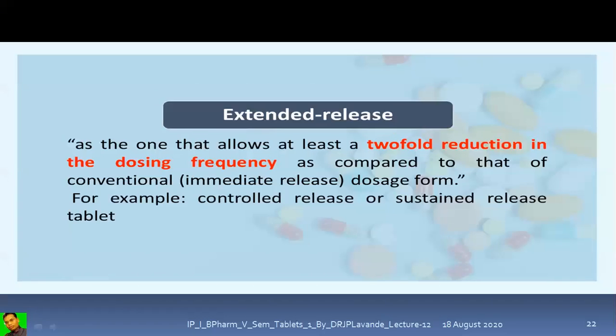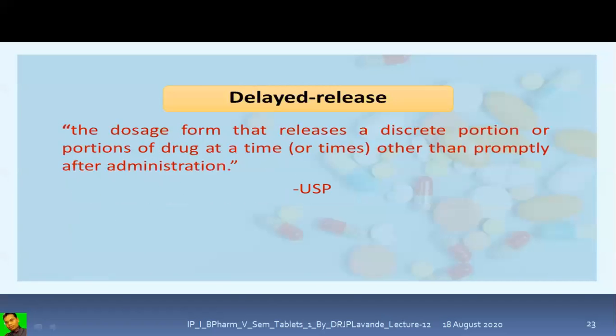Now the delayed release one, which we used to call a delayed release, as per the United States Pharmacopoeia, is the dosage form that releases a discrete portion or portions of a drug at a time or times other than promptly after administration.